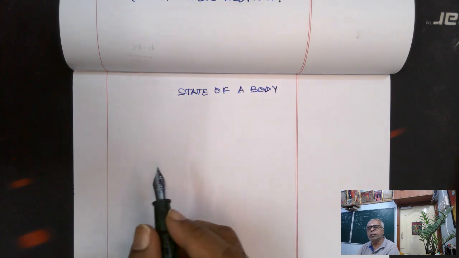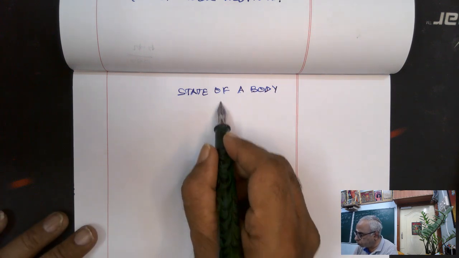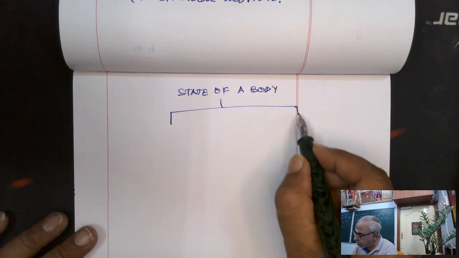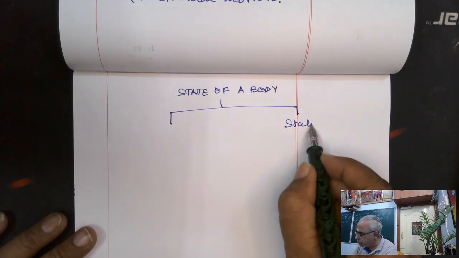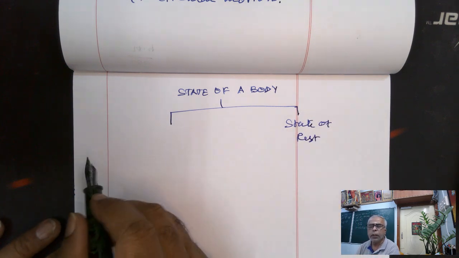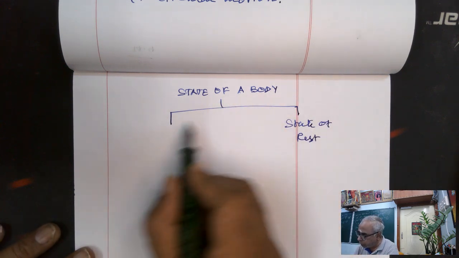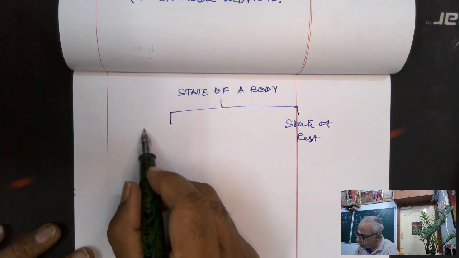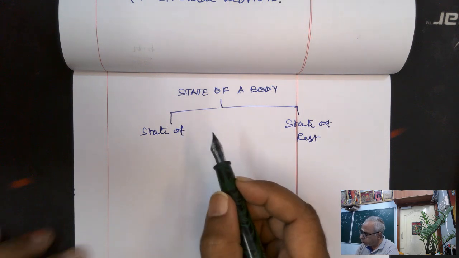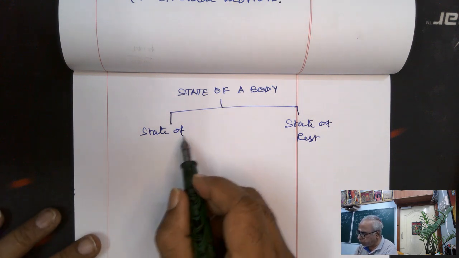So we will discuss the state of the body, whether it is at rest, which is called state of rest, or whether the body is moving, which is called state of motion, from one point to another point.